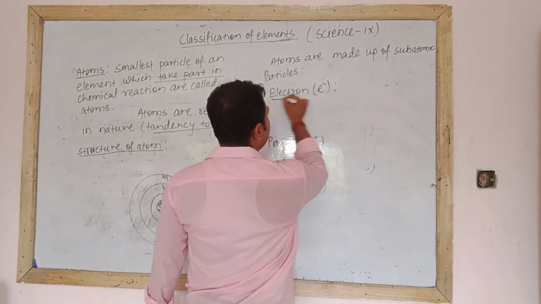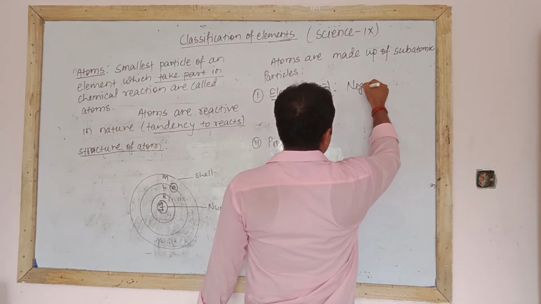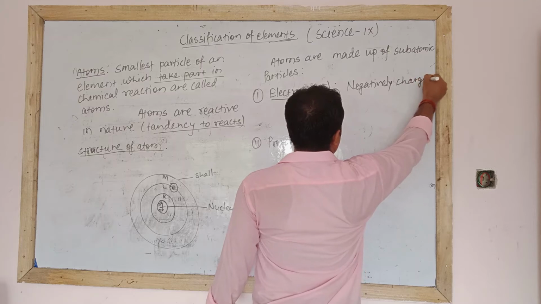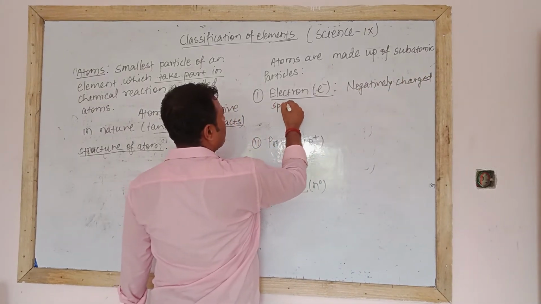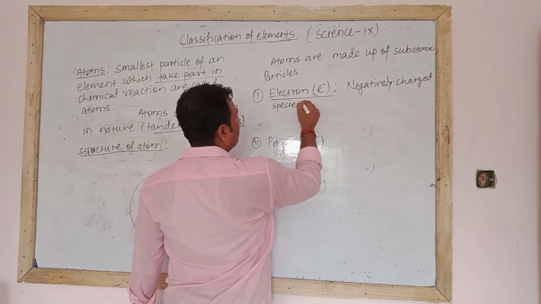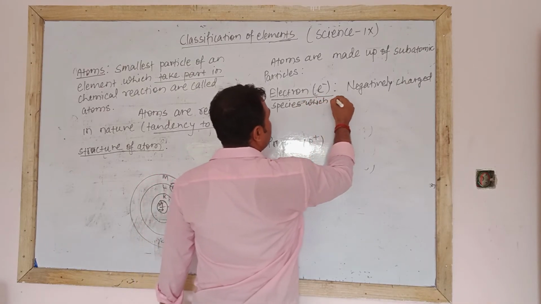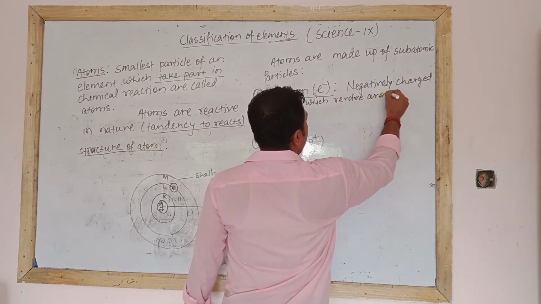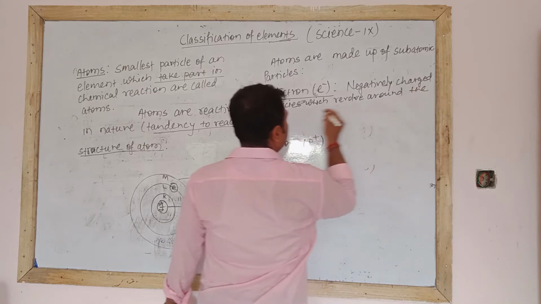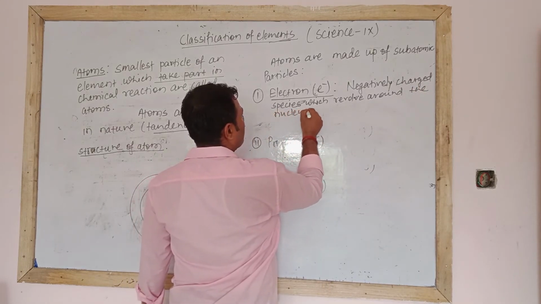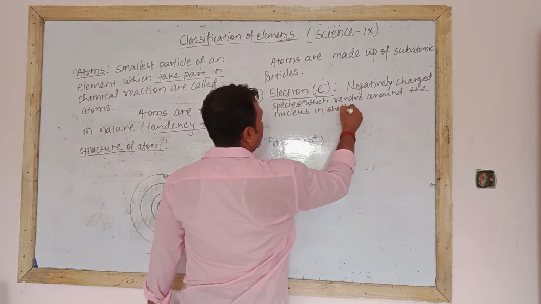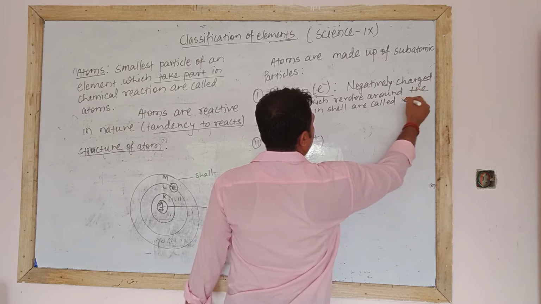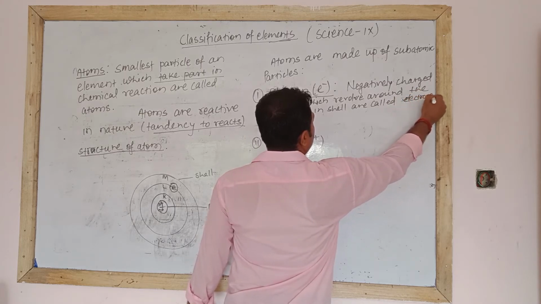Here we write: negatively charged species which revolve around the nucleus in shells are called electrons.